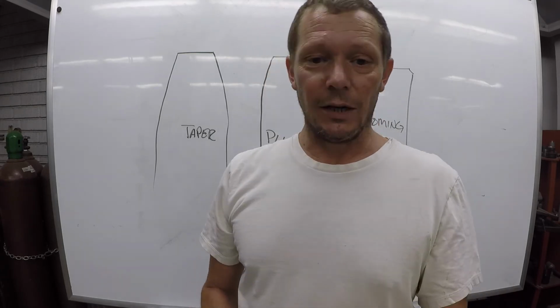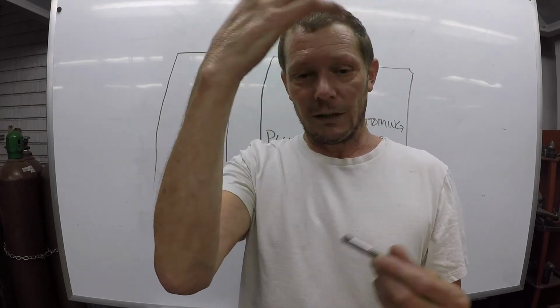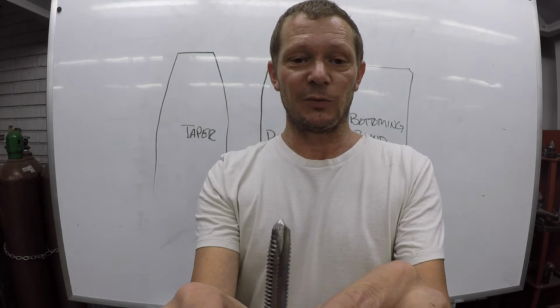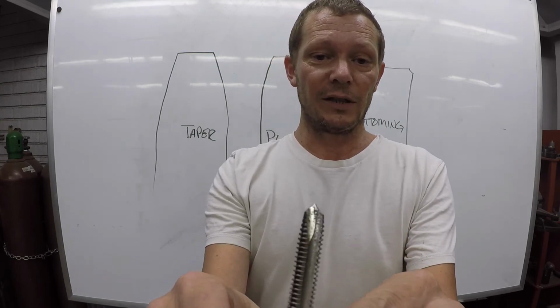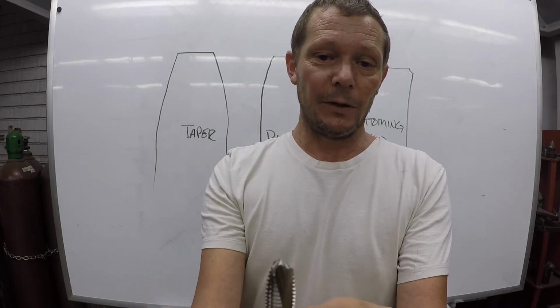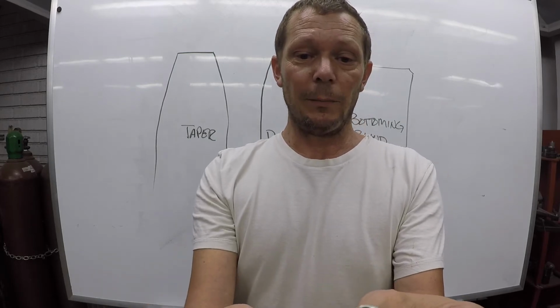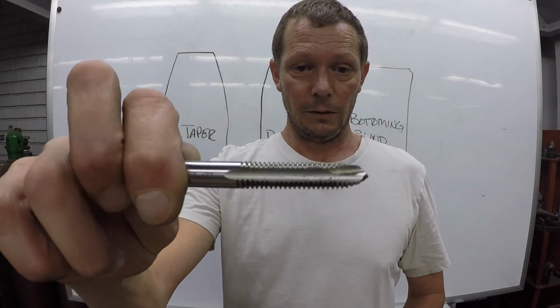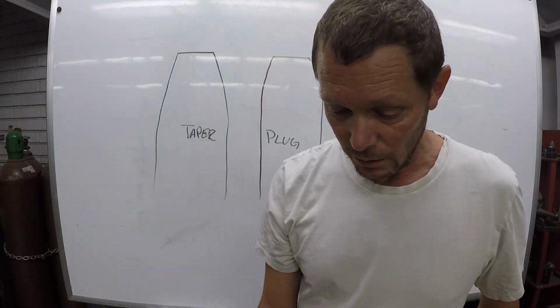They're also known as a gun tap, and that's because of rifling. But no gun talk. That's what they are known as, slang for a gun tap. But it's a spiral tip tap. Here's one. This one I believe is 3/8-16. So you can see that right there.